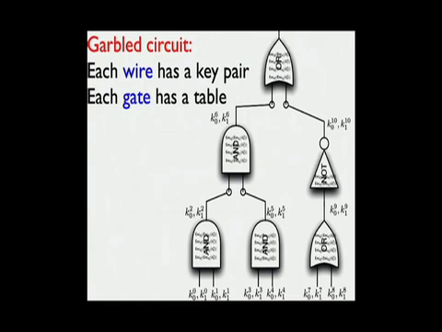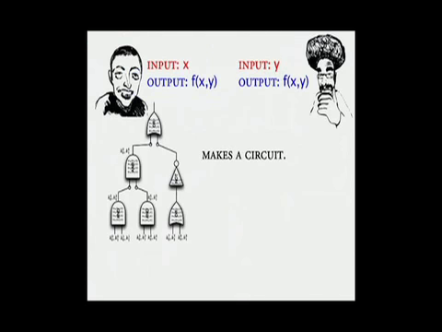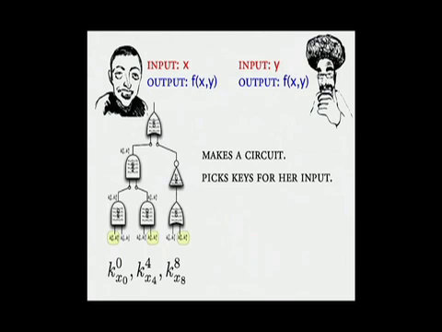So this basically leads us to the honest but curious protocol. Here's what Alice does. She makes one of these circuits. She picks the keys corresponding to her input because she knows the correspondence between the keys and the actual input bits. So she says, aha, my input's going to be 0, 1, 1. Whatever my inputs are, x0, x4, and x8.